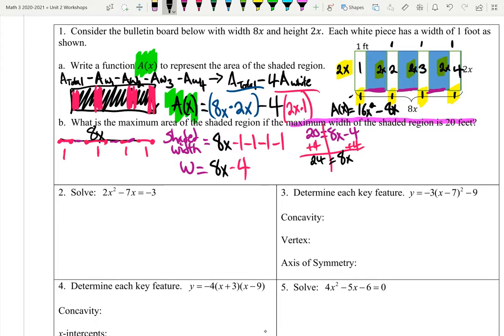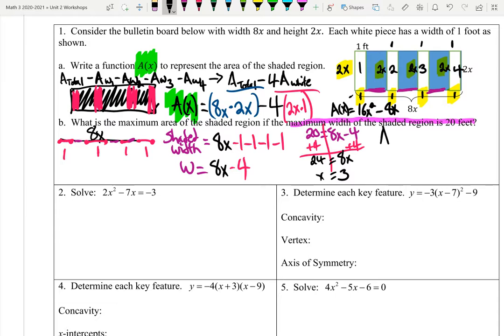I'm going to divide each side by 8, and then I'm going to flip it in my mind. Okay, x is 3. Almost there. So we found an expression to represent our width. We plugged in what our boss requested. Now we've got to figure out how big this bulletin board shaded region has to be.